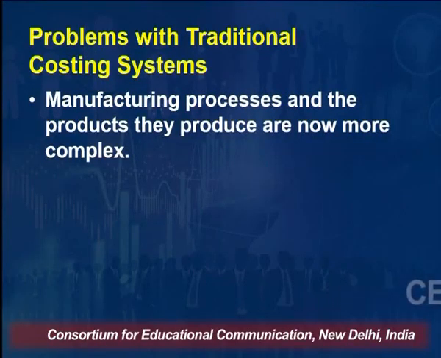Whereas in the traditional costing system, the problem was that manufacturing processes and the products they produce are now more complex. Now the problem with the traditional costing system is that it is not able to match with the modern process of production. So the process is changing. You must be thinking, sir, traditional costing system was good. You have been teaching us, we have been witnessing, we have been calculating. So what is the problem with that?